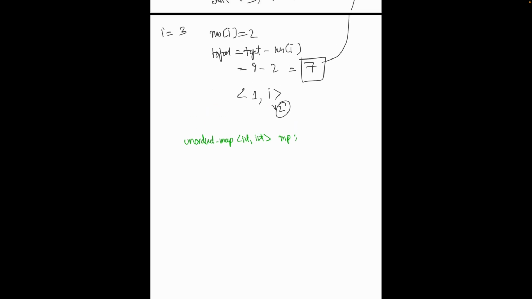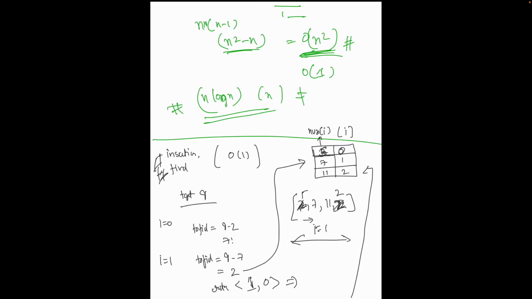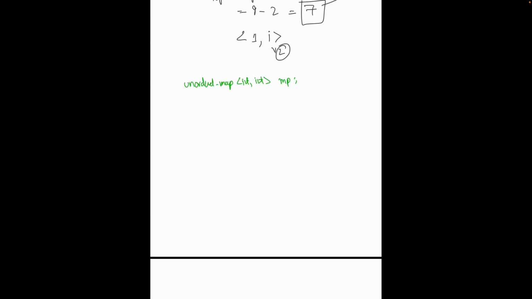So what we can do here is, in C++, we can say the map, mp. Before the code, let's think about it. Now what we're going to do is iterate: int i equals 0, i less than nums.size(), i plus plus.